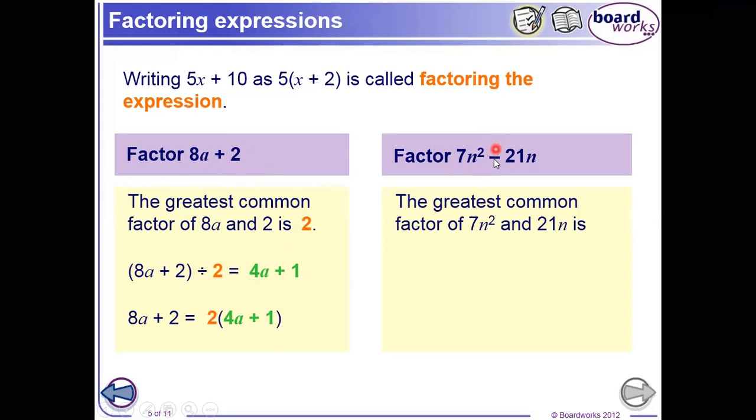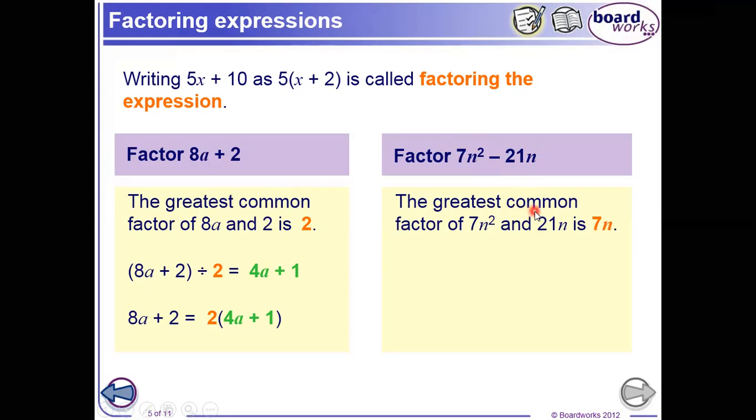And then if you factor 7n squared minus 21n, you realize that the greatest common factor has a 7, because 21 can be divided by 7, and 7n squared can be divided by 7. Also, since one term has an n and the other has an n squared, n is also a common factor. So the greatest common factor is 7n.